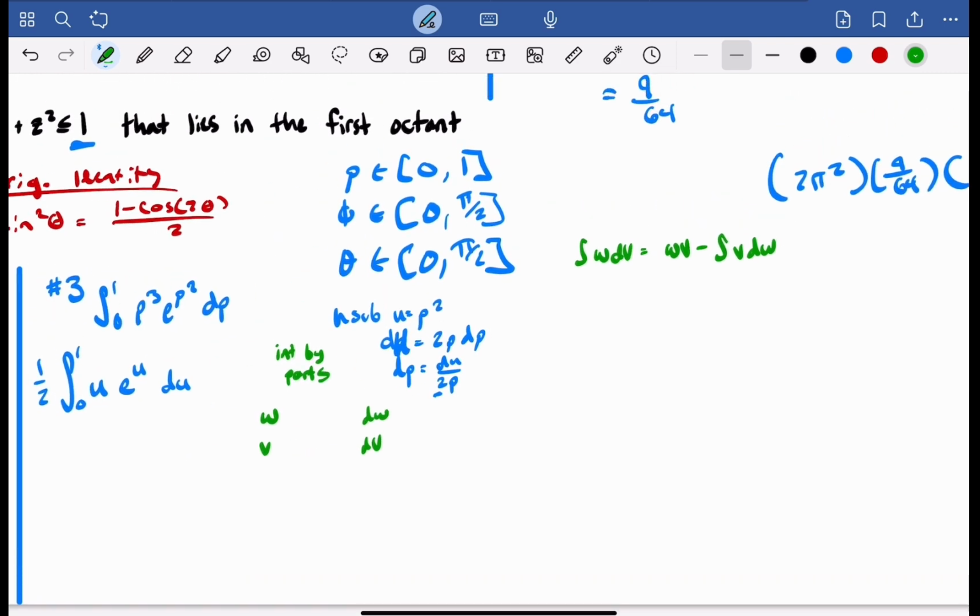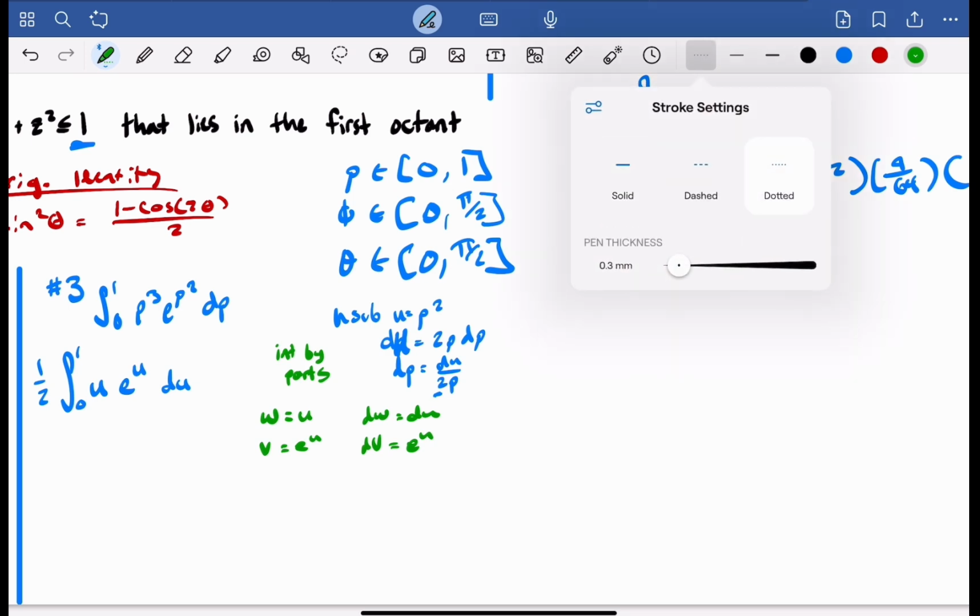And so that means that our w is going to equal u in this case, which means dw equals du. And then dv is going to equal e to the u, which also means that v is going to equal e to the u. Maybe it's there, maybe it's not, I'm not sure, but I don't think it matters for our solution here.